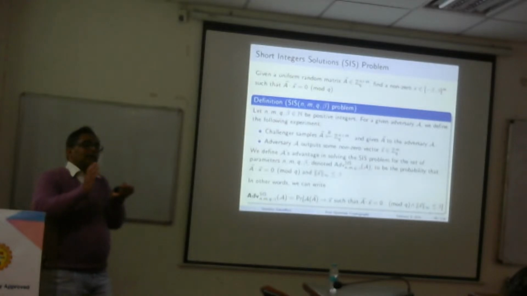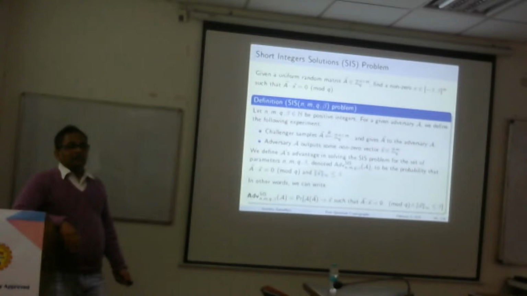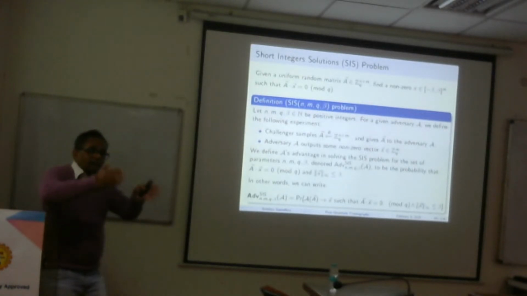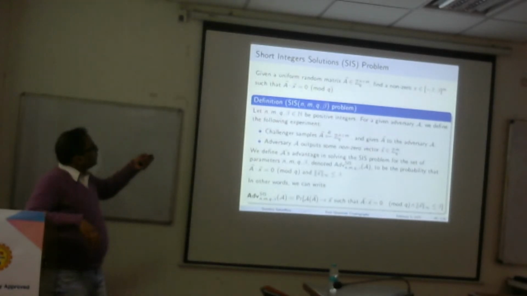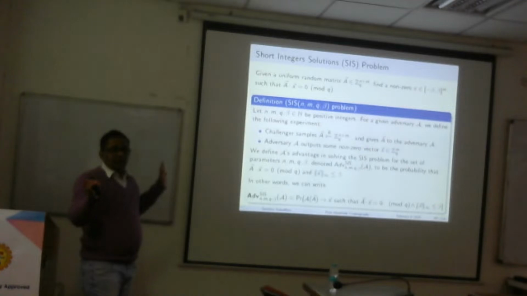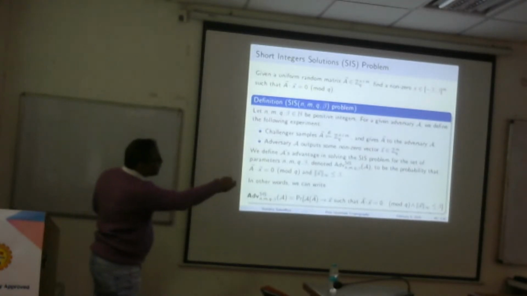Can you find such a vector which will give you Ax equals 0 mod q? So I am limiting the norm of the vector x, the Euclidean length of the vector x. And that is why it is called short integer solution. It's a solution to Ax equals 0, but you have to find a short solution, because I am putting some restriction on the length of x.